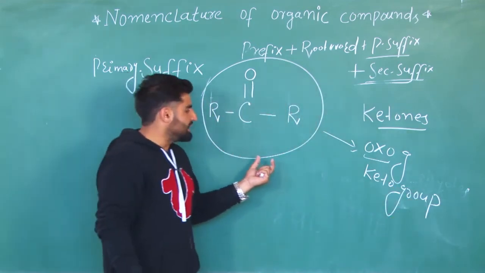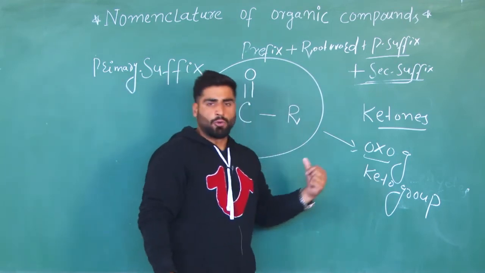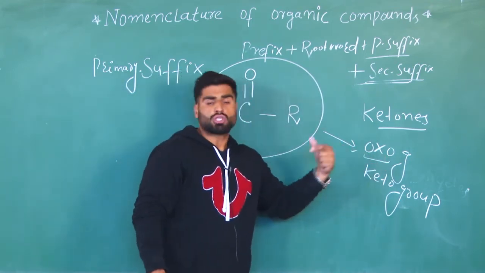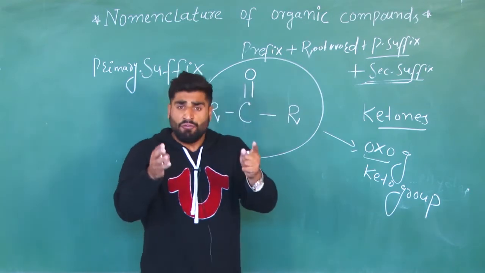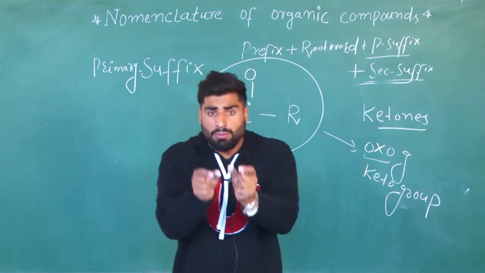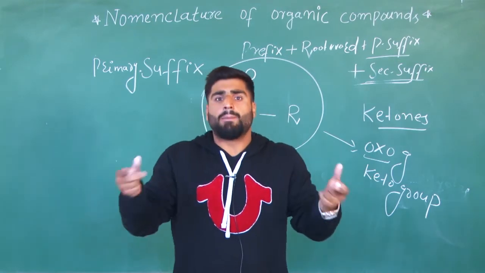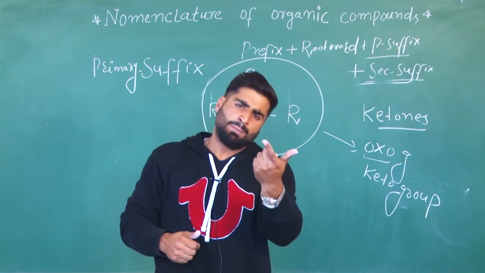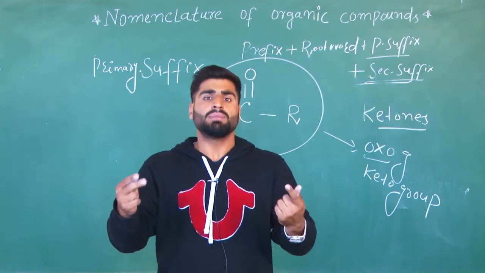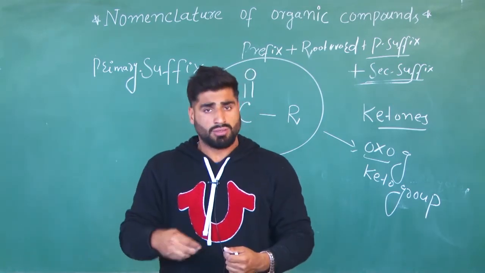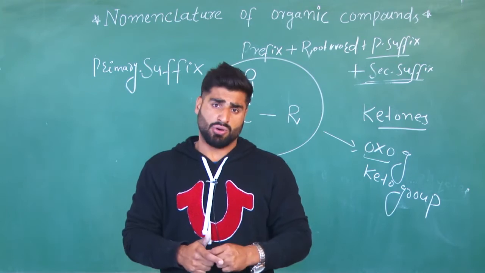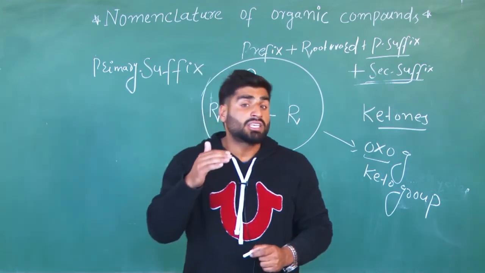Compounds that contain the ketonic group, that contain this oxo group, or in very simple language, if the carbonyl group is attached on either side by a carbon chain, by simply alkyl groups, sometimes aryl groups also, such compounds are known as ketones.